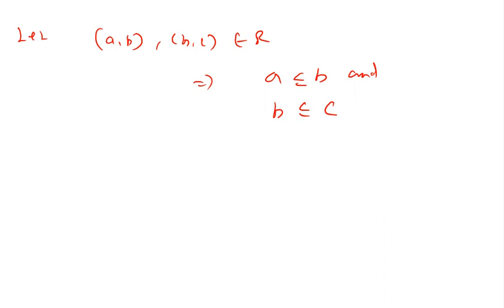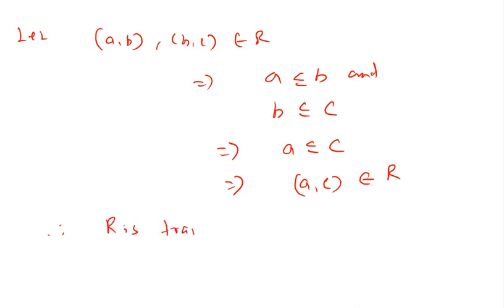Combining the two inequalities, a is less than or equal to c, so (a, c) also belongs to R. So (a, c) belongs to R for every pair of the form (a, b), (b, c) in R, and the conclusion is R is transitive.